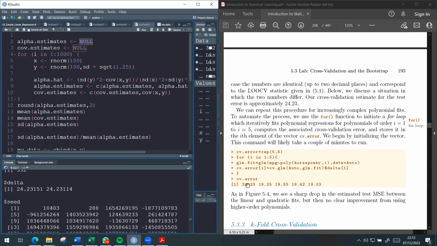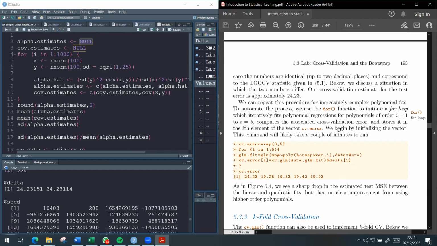And it's the same observation that from linear to quadratic, you see the significant decrease in the cross-validation mean square error, and then only marginal changes from the quadratic through the quintic fit.